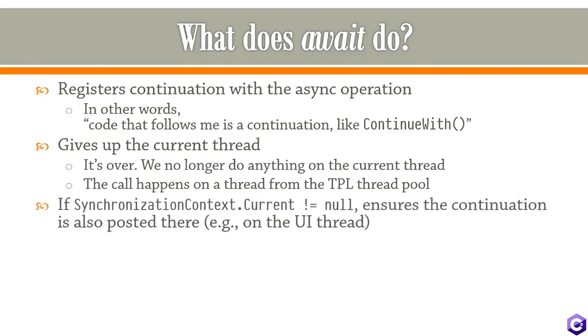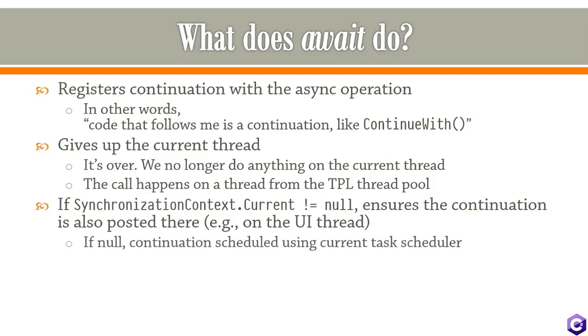If the synchronization context is not equal to null, then we make sure that the continuation is posted there. So if you're on the UI thread, we'll make sure that the whole thing gets posted on the UI thread. However, if the synchronization context is in fact null, then the continuation is scheduled using the current task scheduler.